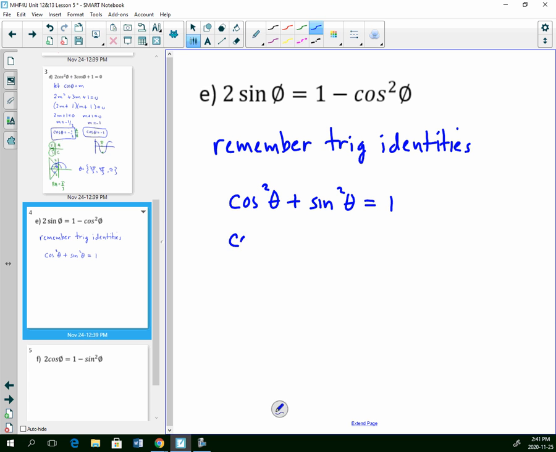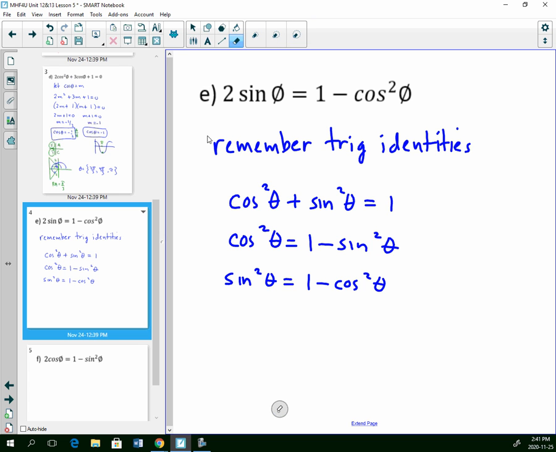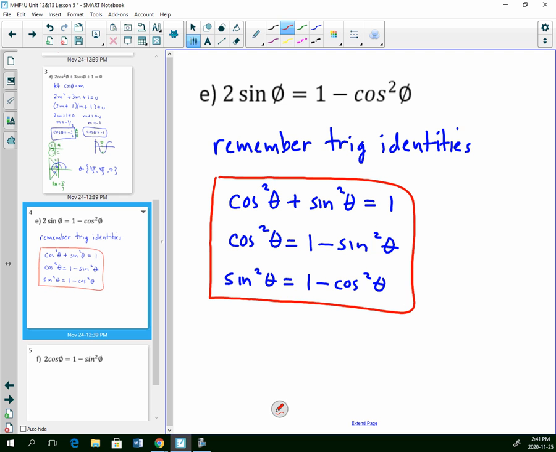If I isolate for cos squared and move the sine squared to the other side, I get 1 minus sine squared. Or I could isolate for sine squared and move the cos squared to the other side. So my trig identities actually gives me 3, right? So I've got the basic cos squared plus sine squared equals 1, and then I can sort of rearrange for cos squared or sine squared as I need it.